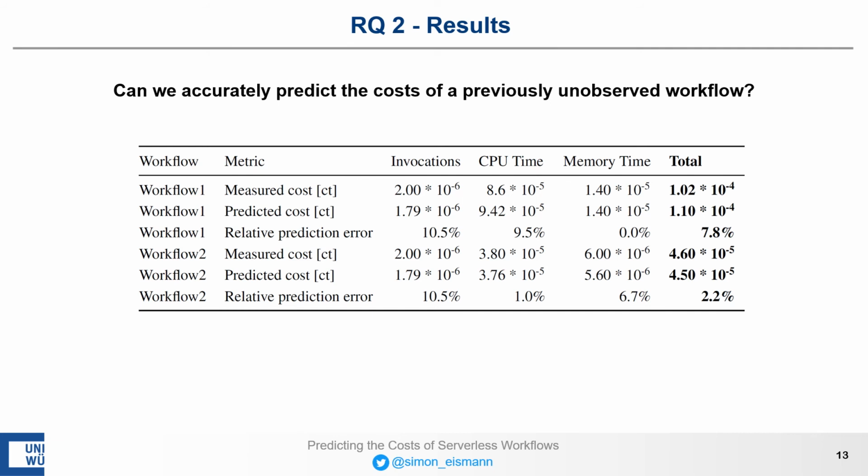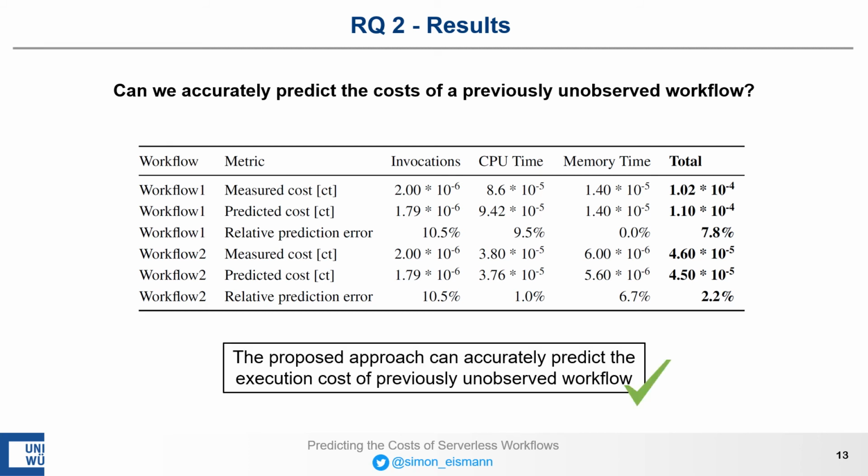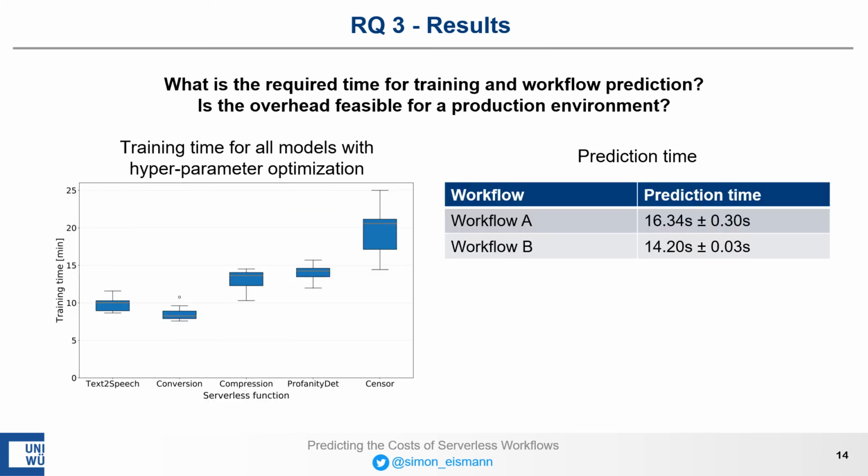If we take a look at our predictions or the relative prediction error, we can see that our approach accurately captures this difference with a relative prediction error of 7.8% for the first workflow and 2.2% for the second workflow. Therefore, we conclude that the proposed approach can accurately predict the execution cost of previously unobserved workflows.